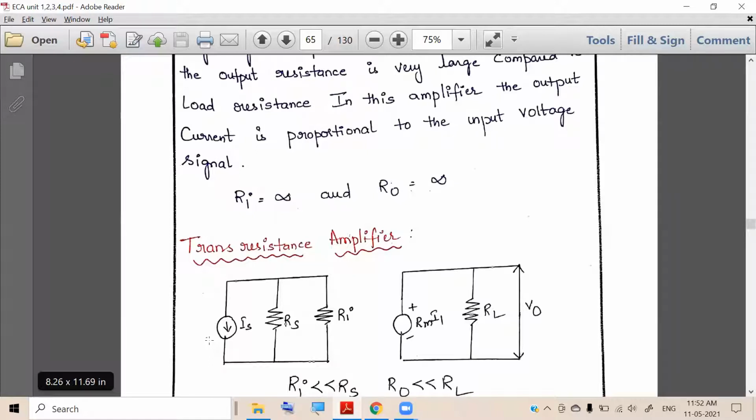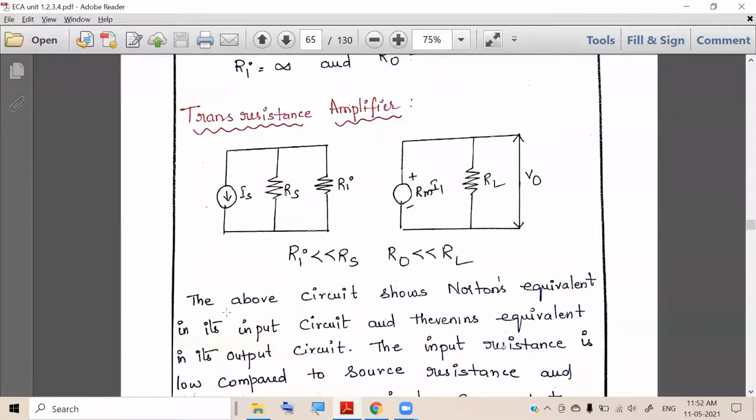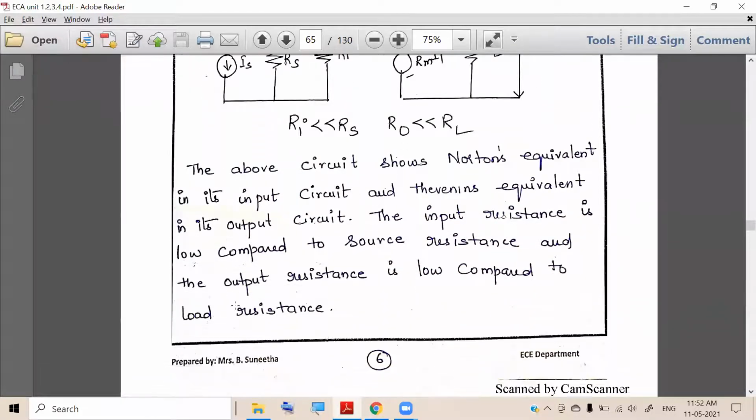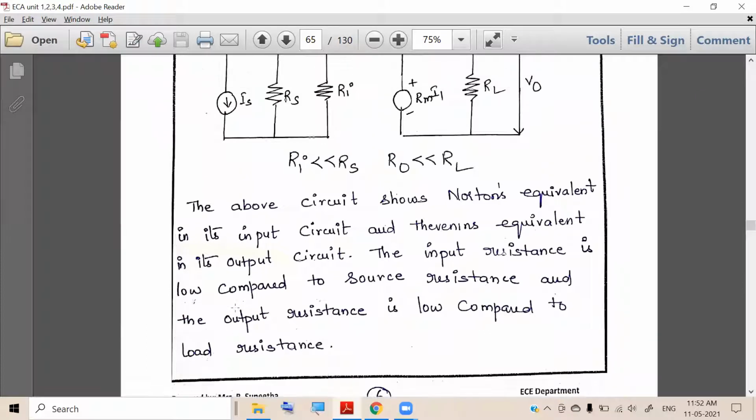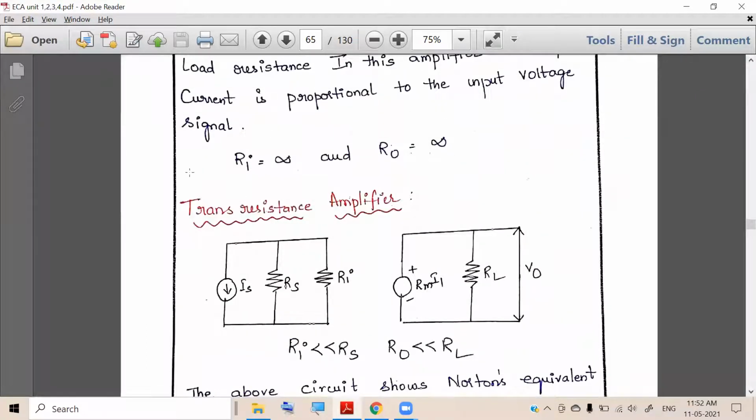So the circuit for transresistance has output voltage and input current.